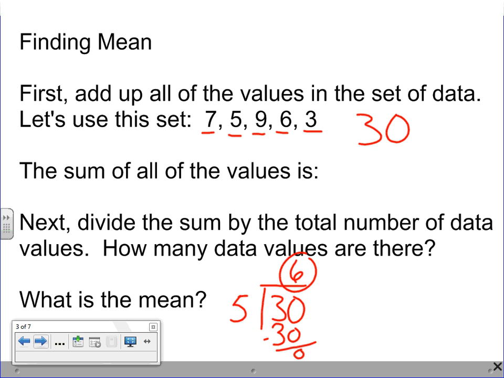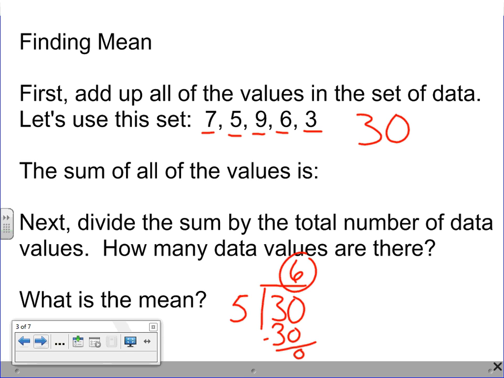Now, what does that number mean? The mean is 6. The average is 6. That means that each week you earned approximately $6 in allowance. If you look at this, are there some weeks that you earned more than $6? Yes, you earned $7 and $9 two different weeks. Are there a couple weeks you earned less than $6?